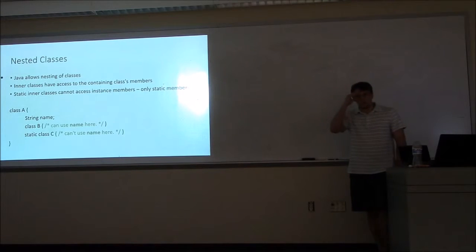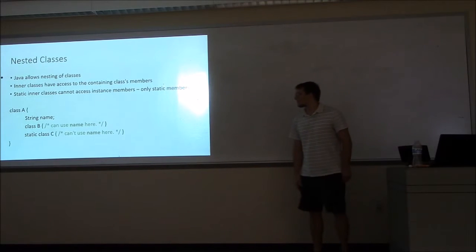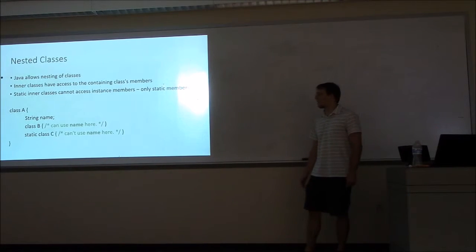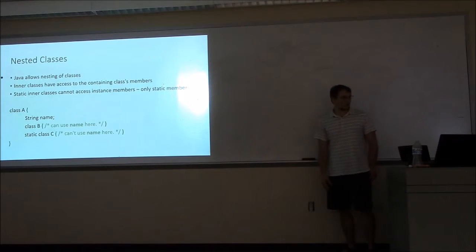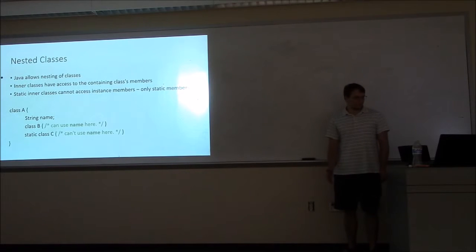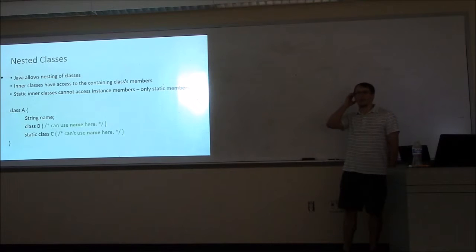Java also allows you to nest classes inside of each other. And inner classes have access to all of the containing class's members, including instance members. And the way that works is every instance of an inner class is associated with an object of the containing class, unless the inner class is marked as static. And having static inner classes is basically just another way of organizing your code.